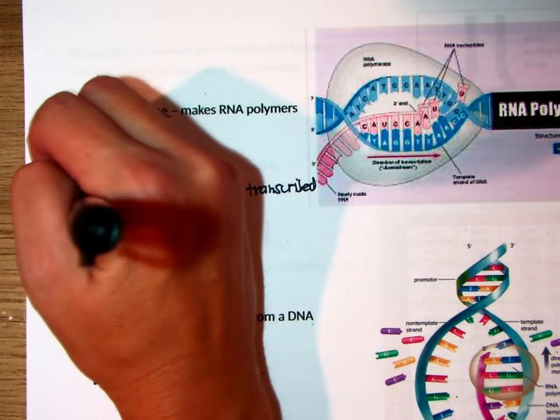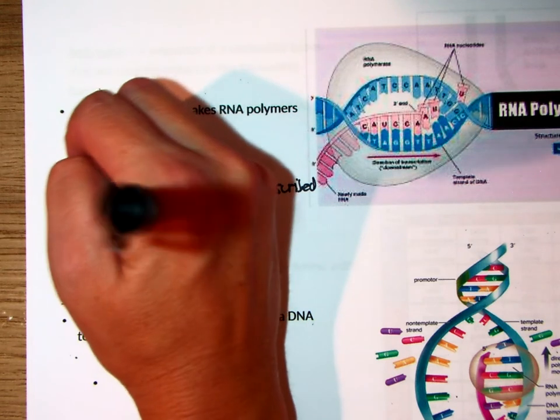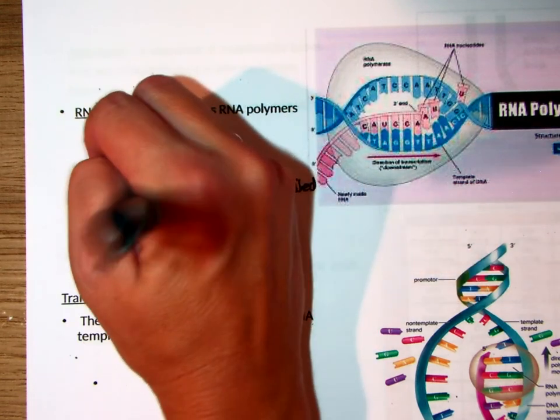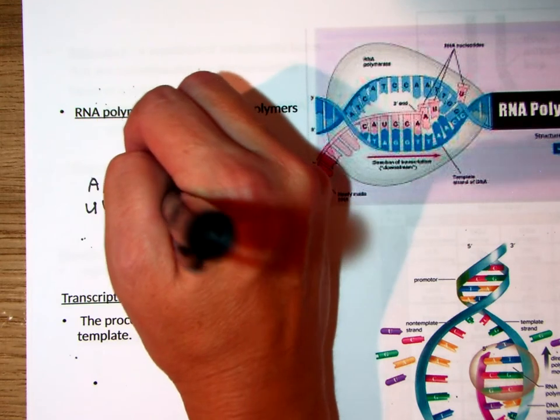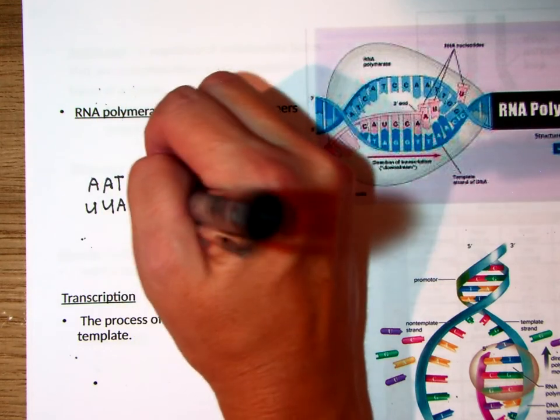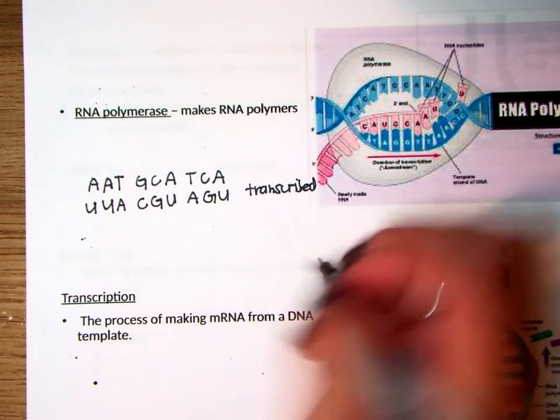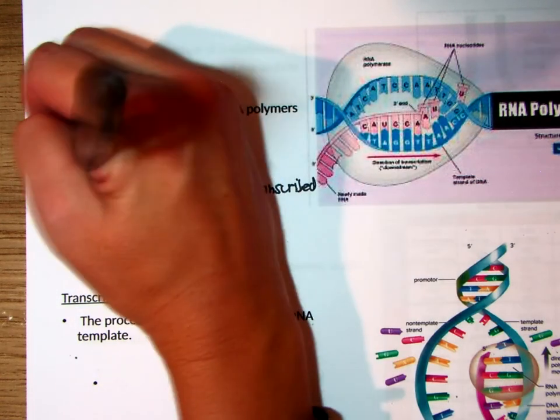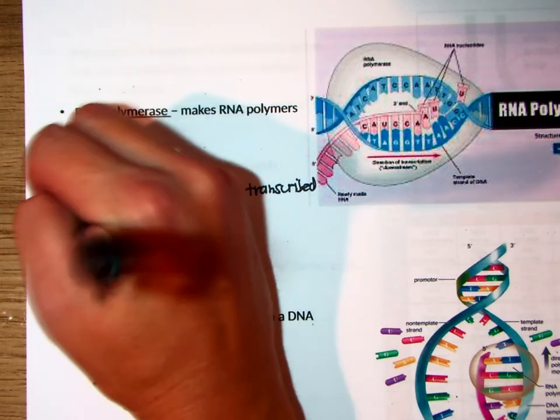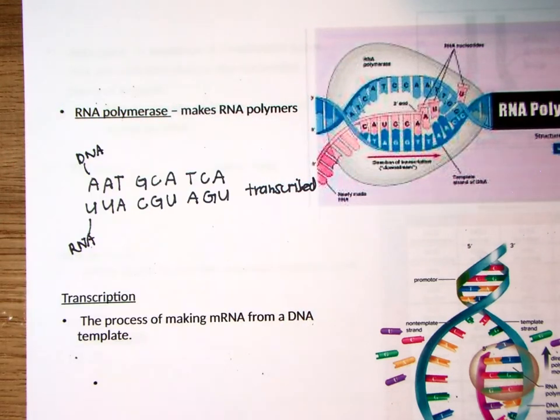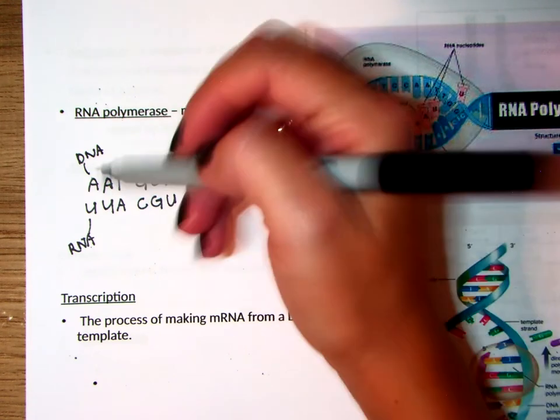It would end up being U, U, A, C, G, U, A, G, U. Okay, so remember, A always goes with T, G always goes with C, but there are no T's in RNA, so anything that would have been a T is now going to be a U. Okay?